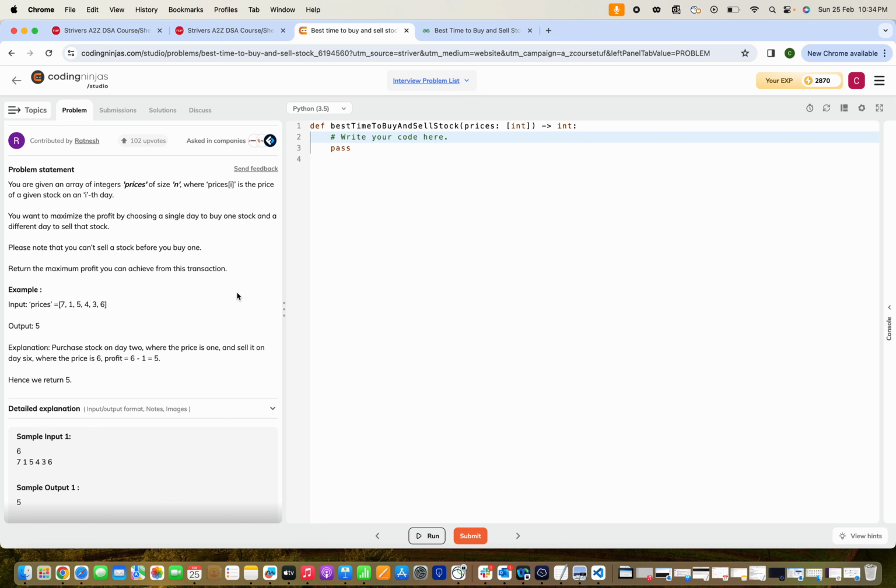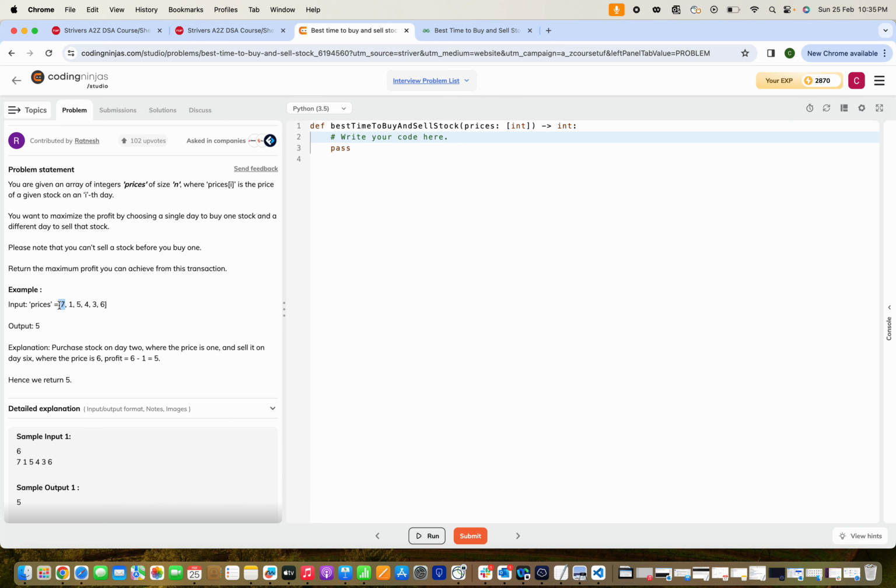This question can be solved using a greedy approach. With the greedy approach, we need to consider that maximum profit can be achieved by purchasing at a minimum rate and selling at a maximum rate. The way we are going to approach it in a greedy way is, let us consider, I'm going to start with my maximum profit as 0 and purchasing amount as 7.